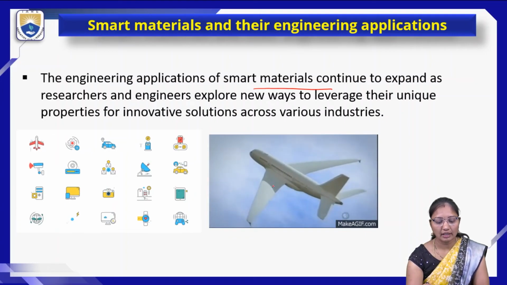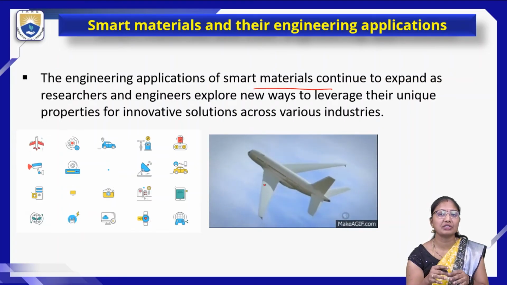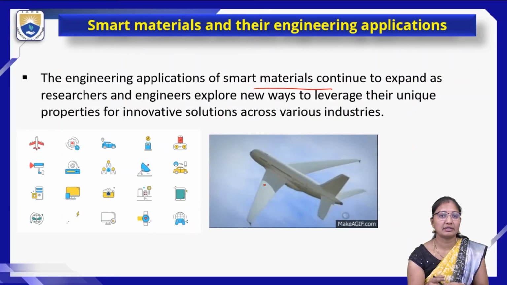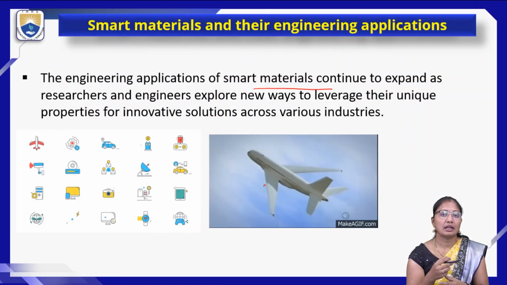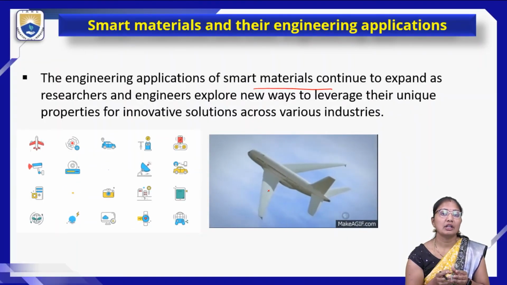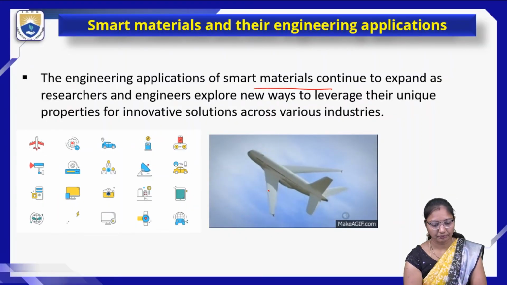Here we can see the change in shape. These shape memory alloys are used in the manufacturing of the wings of aeroplanes or aerospace components. So this changes its shape accordingly. These materials play a vital role according to their applications across various industries.